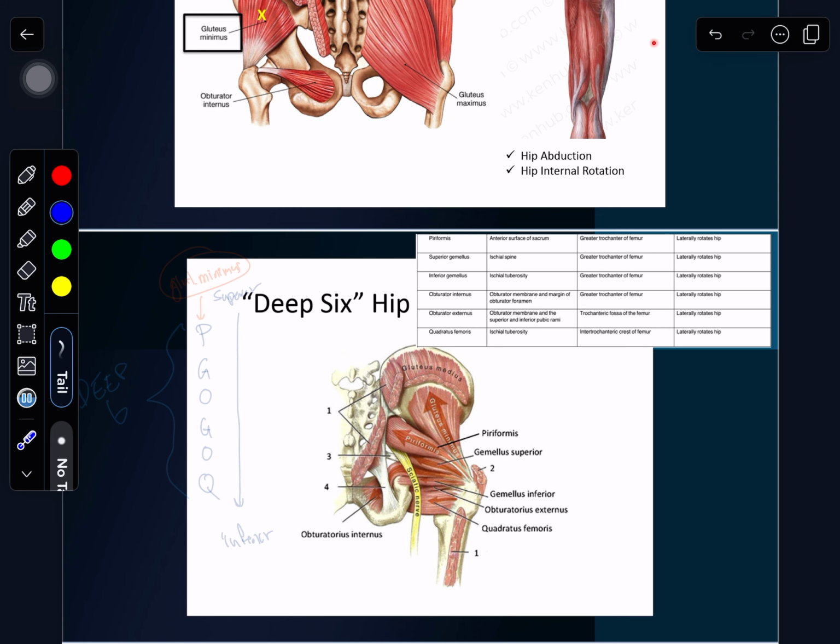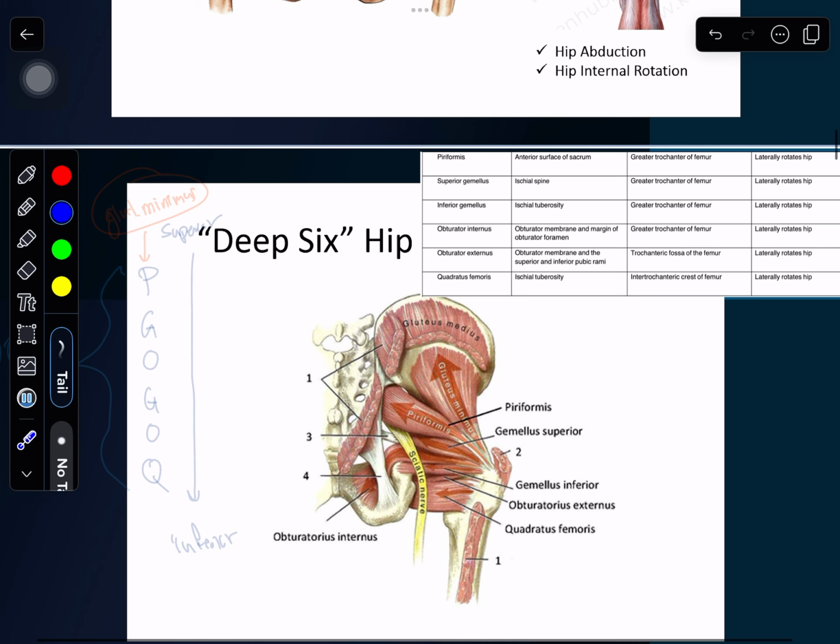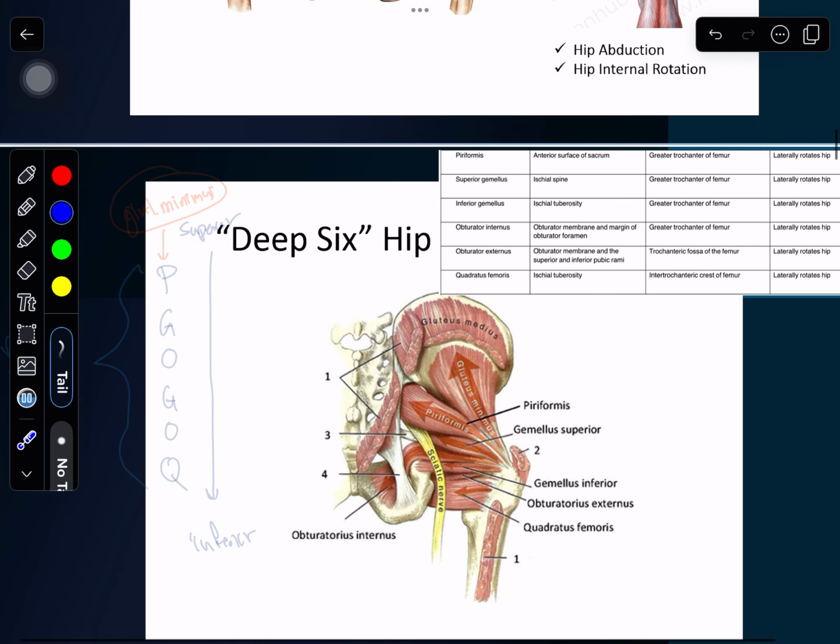So, a little way to remember these, it's not really a mnemonic device, but it's a memorization device. We're going to think P, go, Q as our little way of remembering which muscles we're talking about.